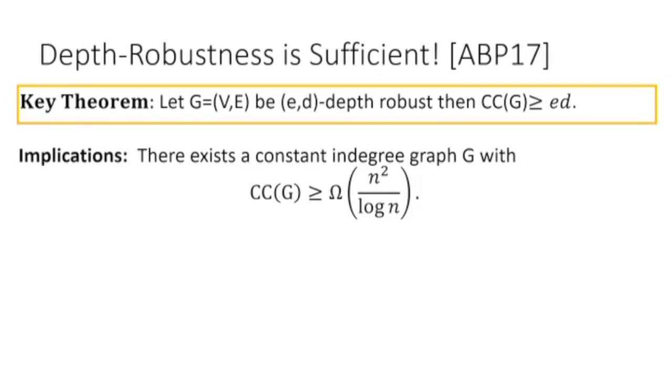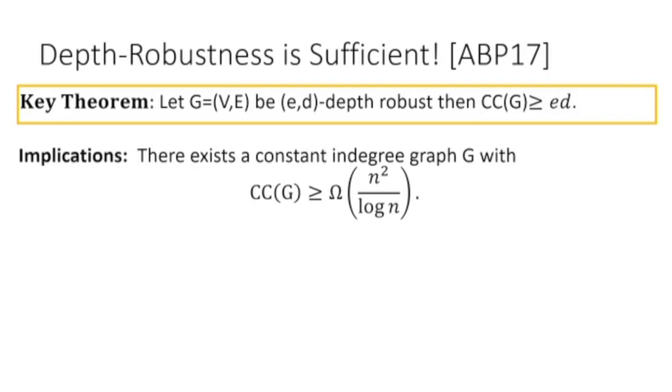Now, the implication immediately is there exist graphs. This goes back to work of combinatorialists like Paul Erdos and Szemeredi back in the 1970s. So there actually exist graphs that are ED depth robust with E equals n over log n and D equals n.